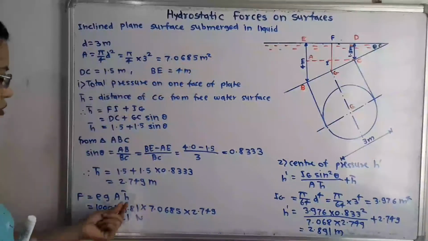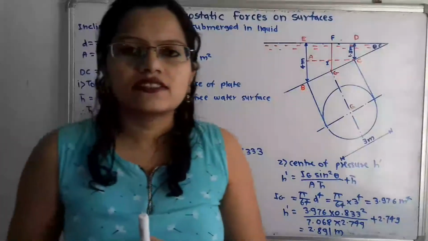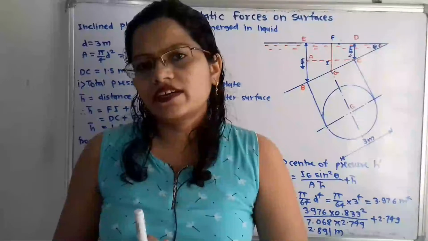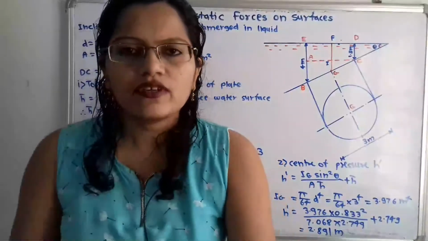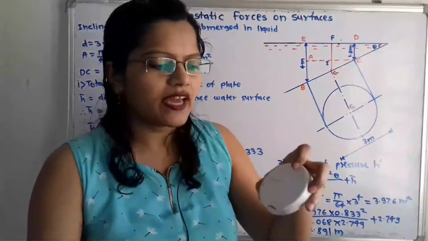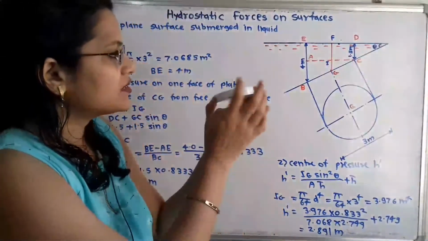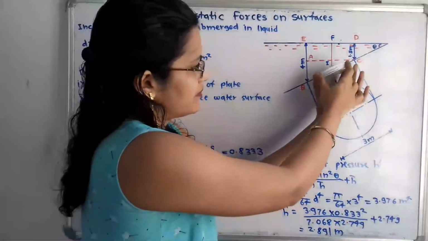Now h bar is the distance from the free surface of water to the center of gravity point. At the middle point of this plate there is the center of gravity, but the plate is inclined in this way.